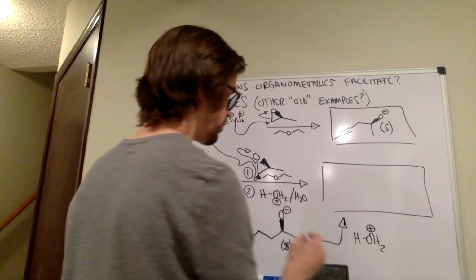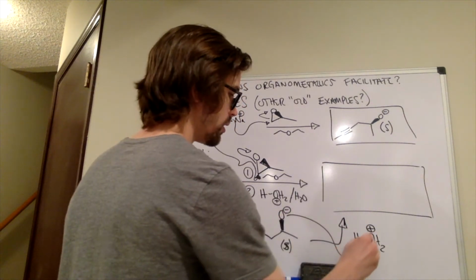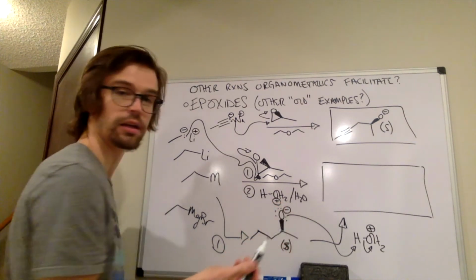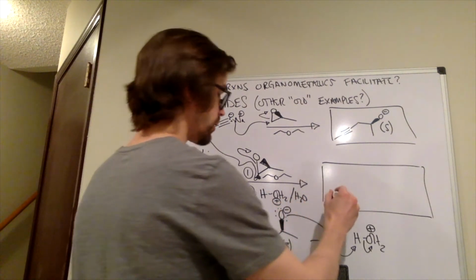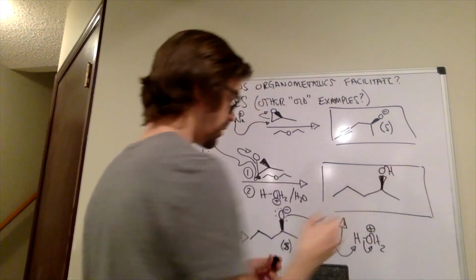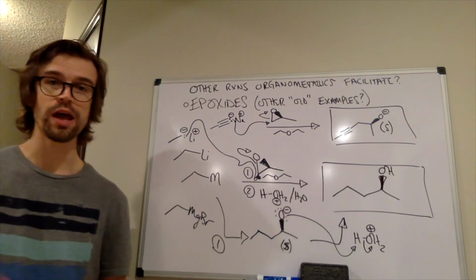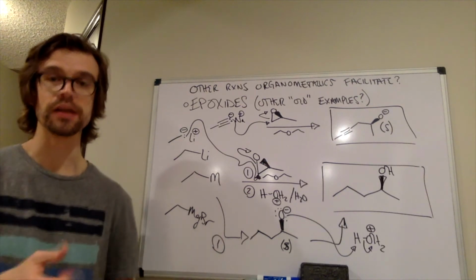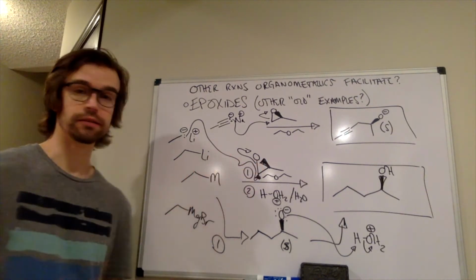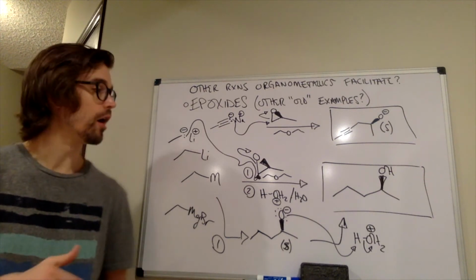So we're just protonating our alkoxide intermediate here. So what's the product look like? It's an alcohol. So epoxides are a great way to extend a carbon chain by having it react in that way.